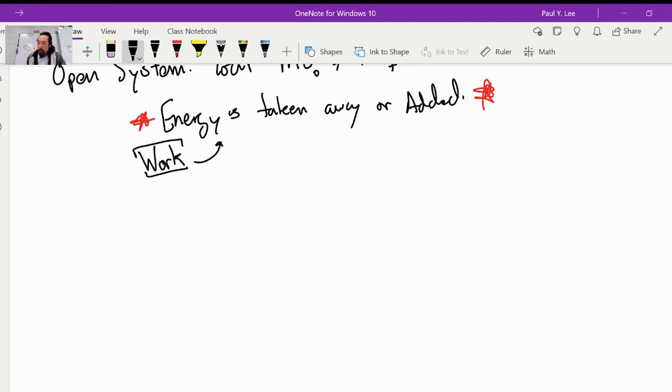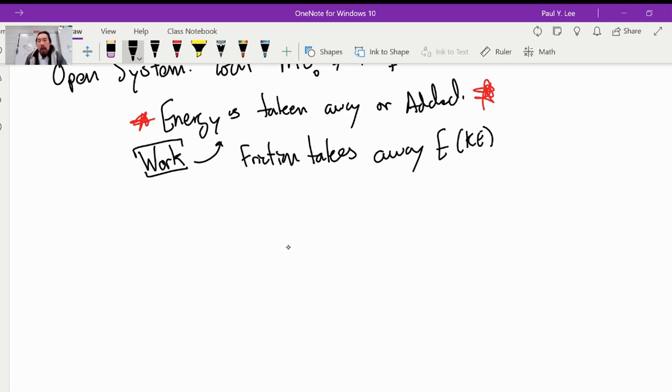Let's go into an example of how energy is taken away or added. One of the things I told you about the closed system is there is no friction. Okay, so if we were to have friction in a system, we can say that friction takes away energy. Okay, and more specifically, it takes away kinetic energy.